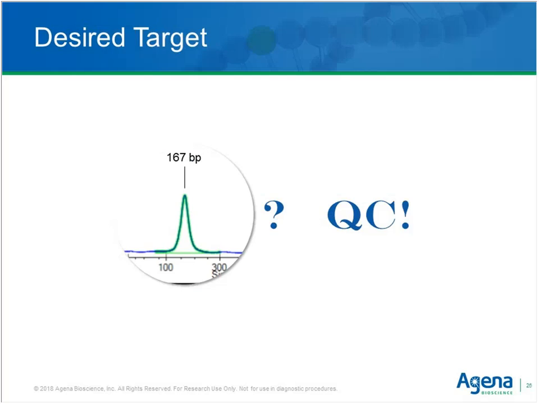Well, first step achieved, I think. After having isolated the DNA, we certainly hope to have fragments of the desired length in our tube, so being fragments that peak at 167 base pairs or in that range. But how can we know? I mean, is it a good idea just to enter that isolated material into your liquid biopsy test?